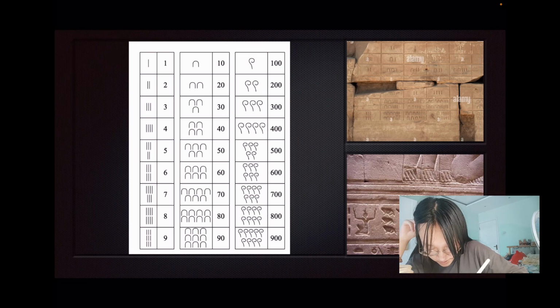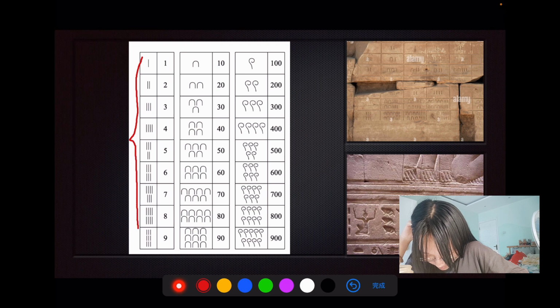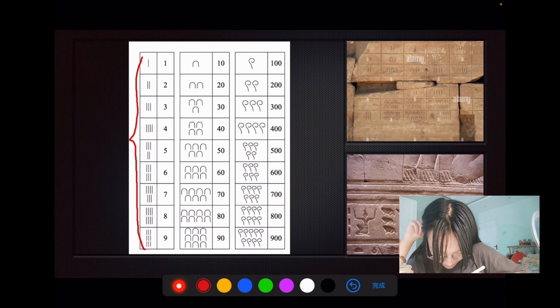So here's a chart for the ancient Egyptian numerals. So we can see from 1 to 9, they are probably derived from tally marks because we can see those rods here. But from 10 on, it'll be a curved line, and then they count up from 10 to 99.